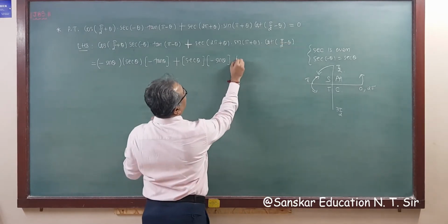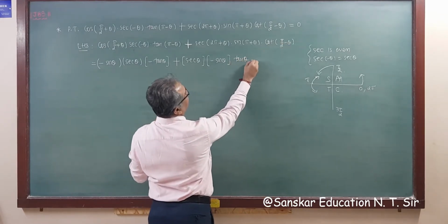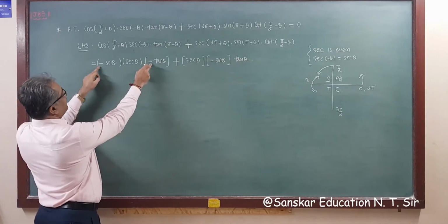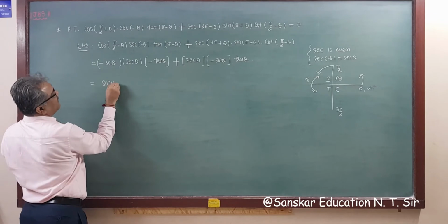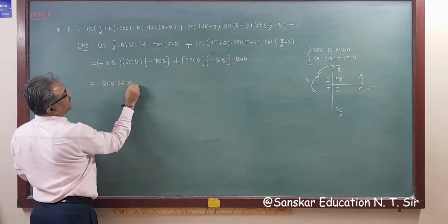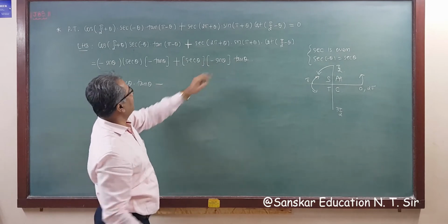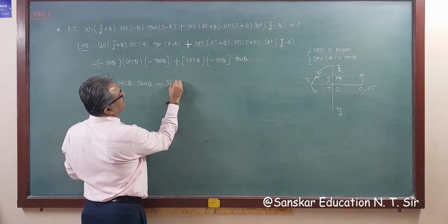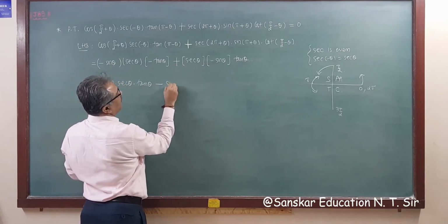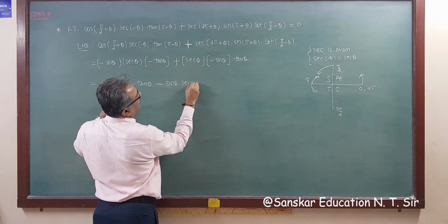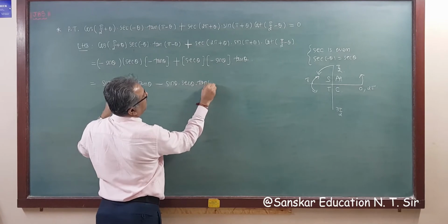So the answer is tan theta, right? So this is minus minus plus. This is sin theta, sec theta, tan theta, and this is minus. So minus sin theta, then sec theta and tan theta.